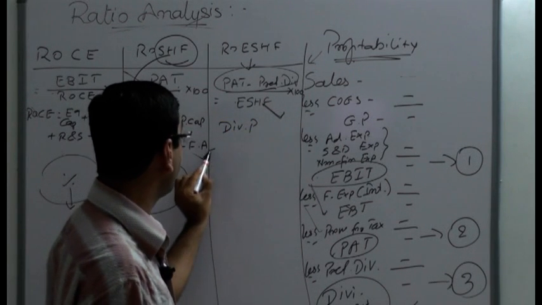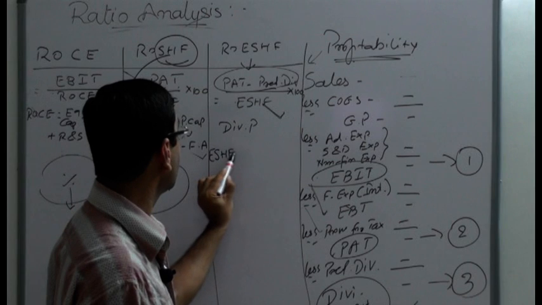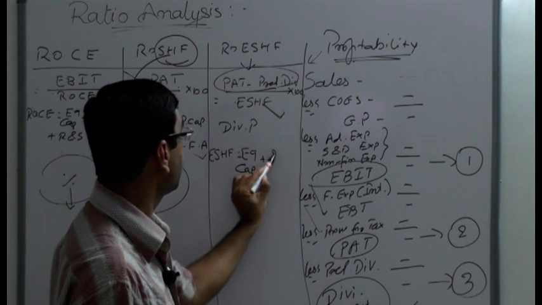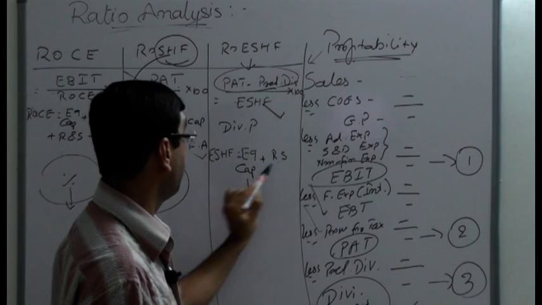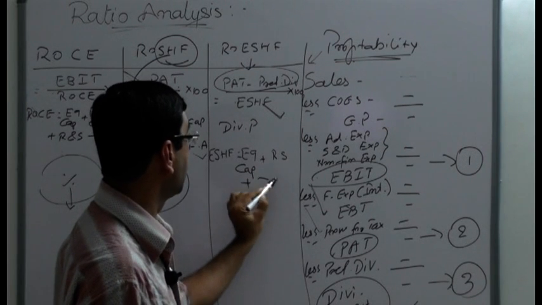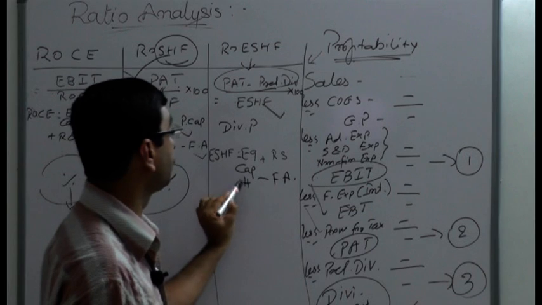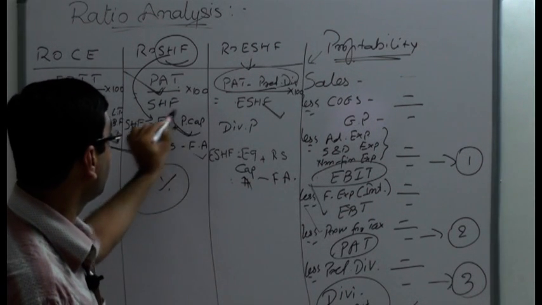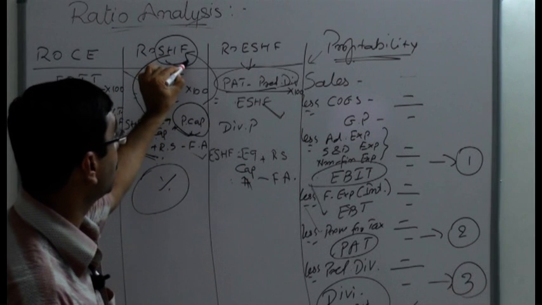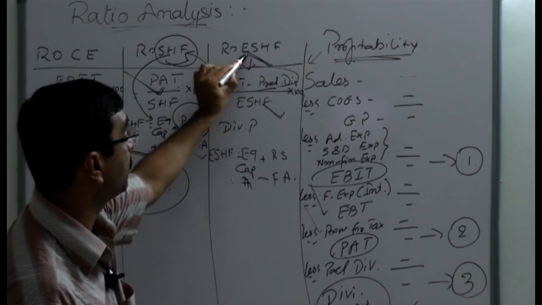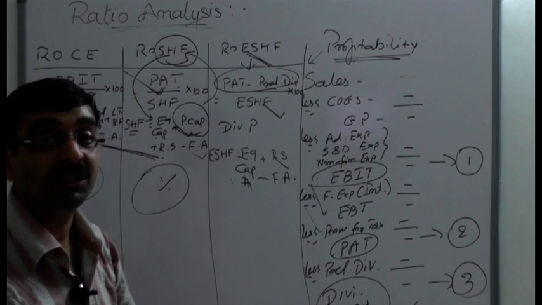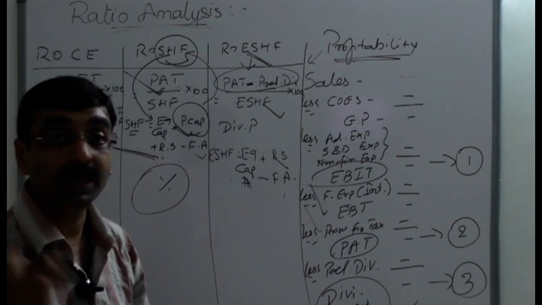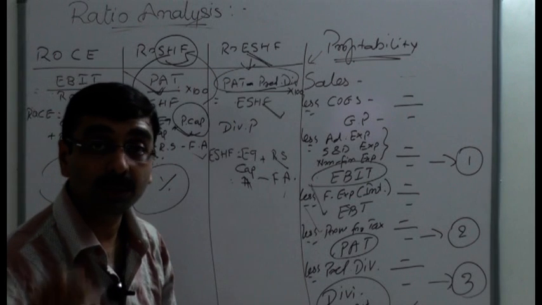Now see this formula. Equity shareholders fund is equity capital plus reserves and surplus, minus fictitious assets. In comparison with these two, preference capital was there in shareholders fund, but in equity shareholders fund, preference capital is removed, and that is why the preference dividend is also deducted when you find return on equity shareholders fund.